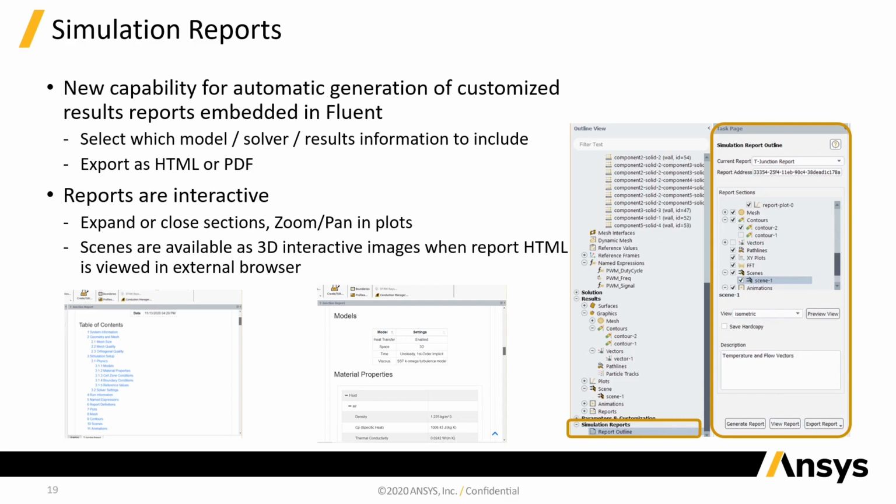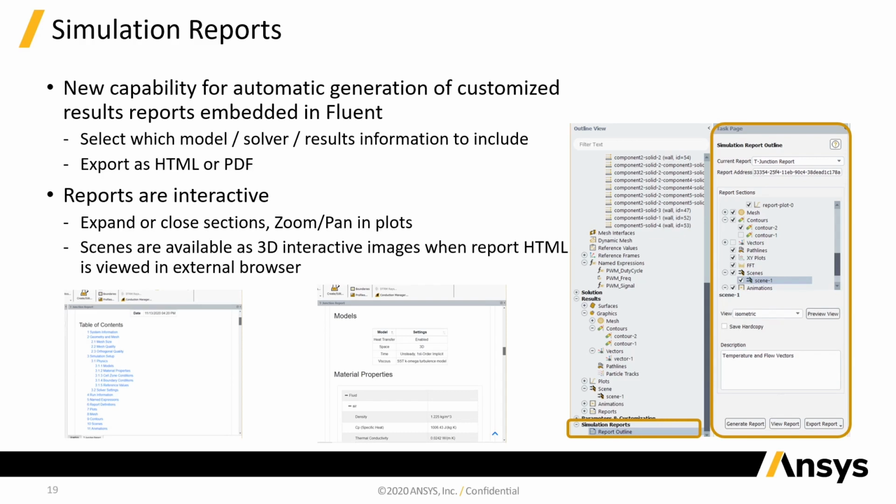By that, you can have data about the setup of the run, the mesh used, the computer it ran on. You get all your expressions listed, etc. You can get your solver parameters, get your convergence plots, and then you can also choose to have certain plots go in there, certain scenes, etc.